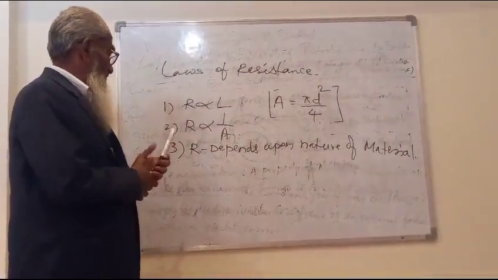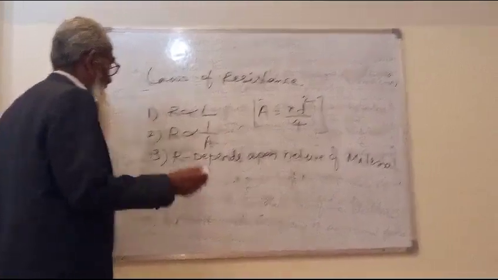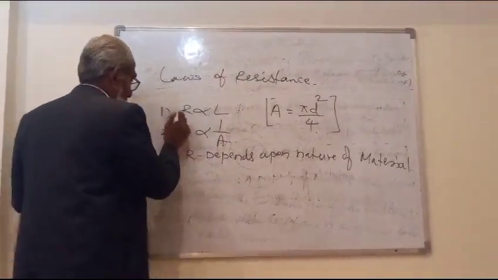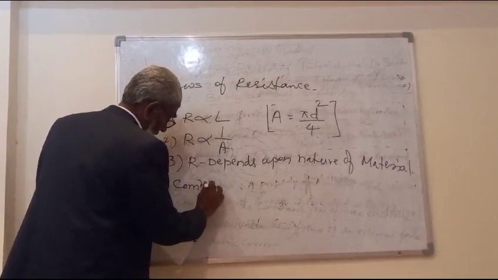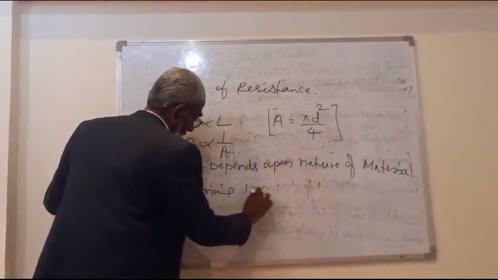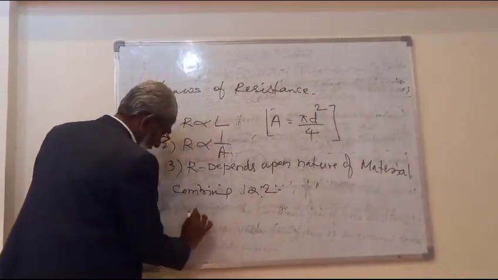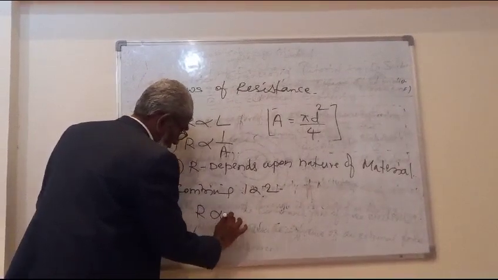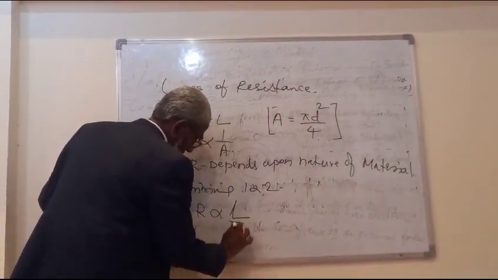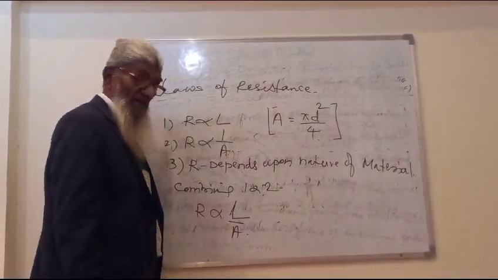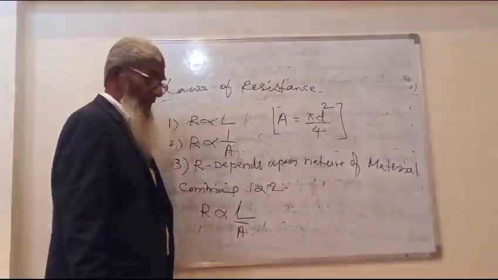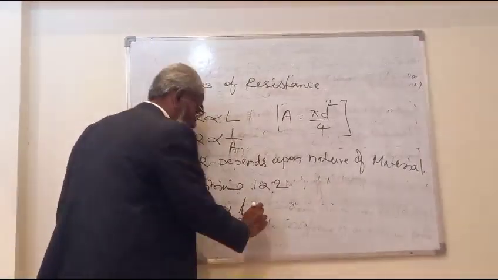The resistance. So if you combine the above laws, combining 1 and 2, you will get R proportional to L by A. That is, resistance is directly proportional to length and it is inversely proportional to area of cross section.